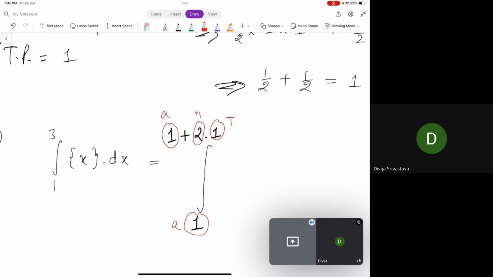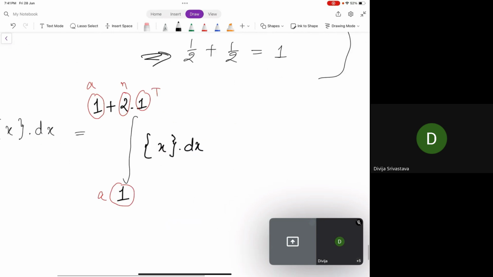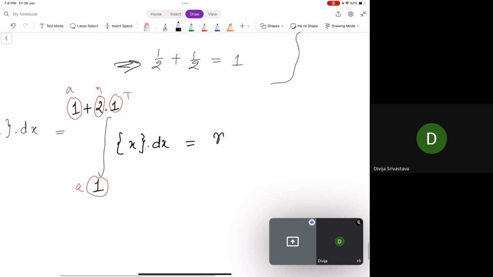If I want to apply the property I told you in the starting of the lecture, remembering the property is very easy, applying the property is difficult. So I want to break this limit in this way. The property is: integral from a to a plus nt of f(x) dx equals n into integral from 0 to t of f(x) dx.